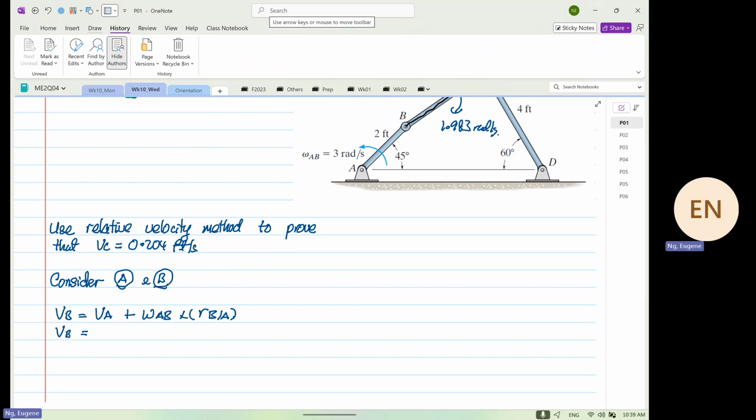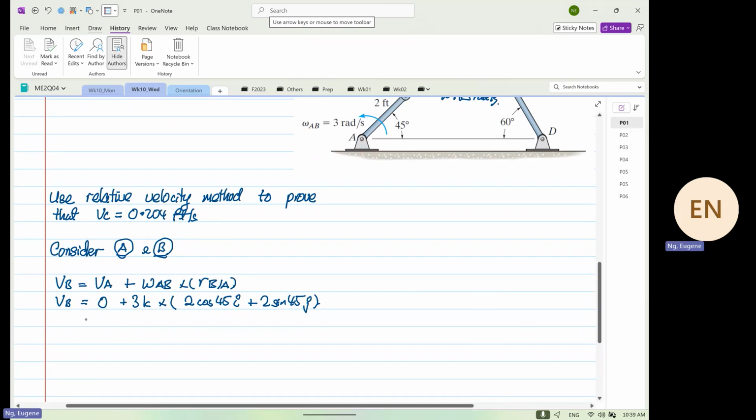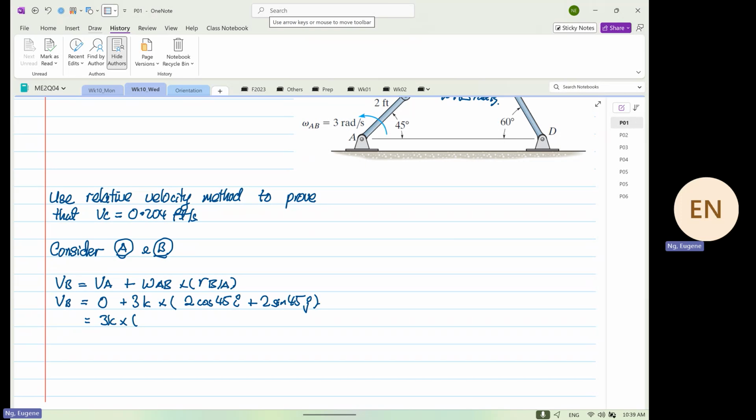VA is 0, plus 3K, anti-clockwise, multiplied by the relative position from point A, which is 2 cos 45 I plus 2 sine 45 J. So this equals 3K cross 1.414 I plus 1.414 J.